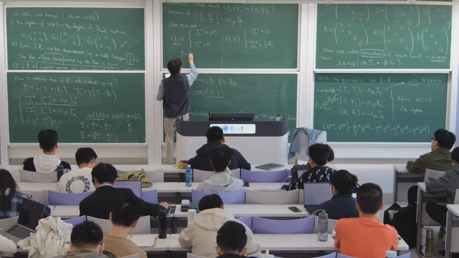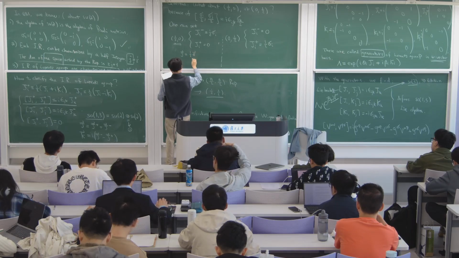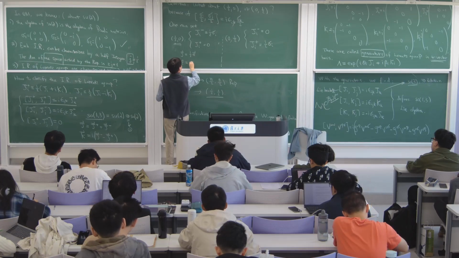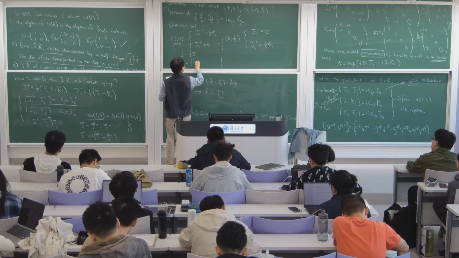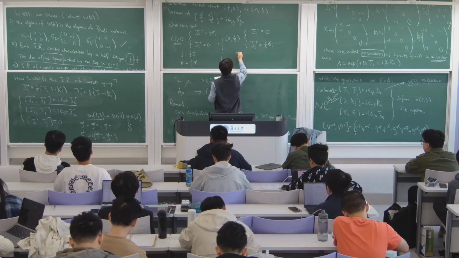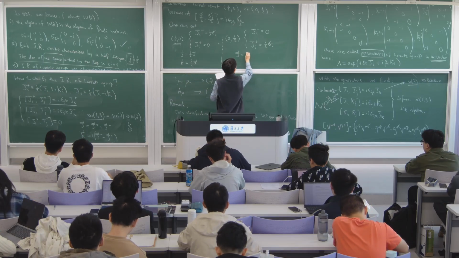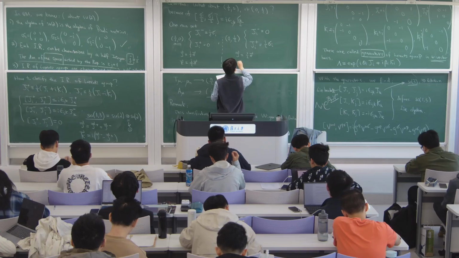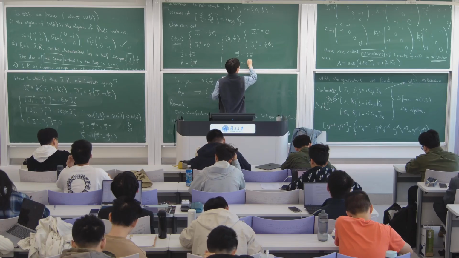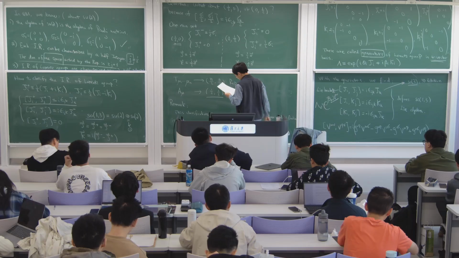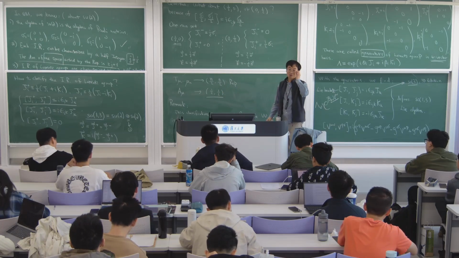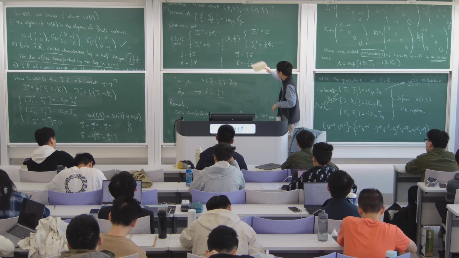In this case, the original J vector is also a half sigma matrix, and K is i times half sigma. So we know sigma is the Pauli matrix.